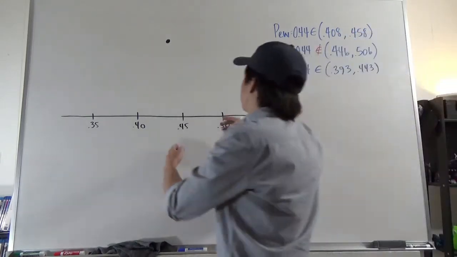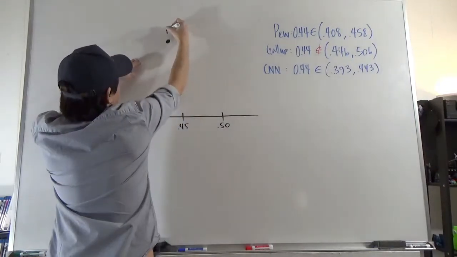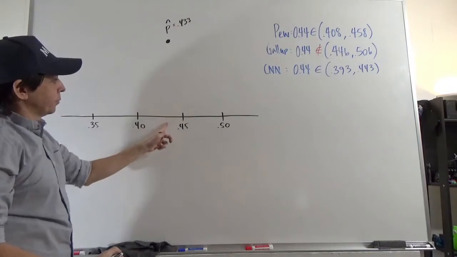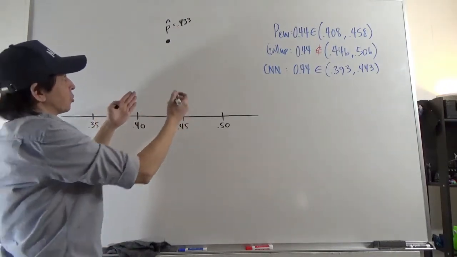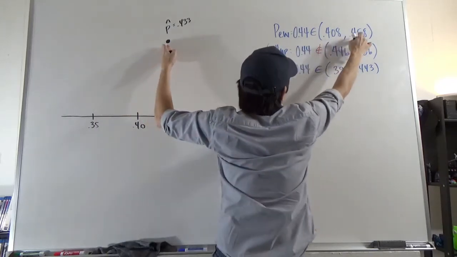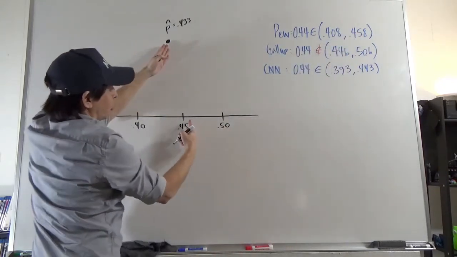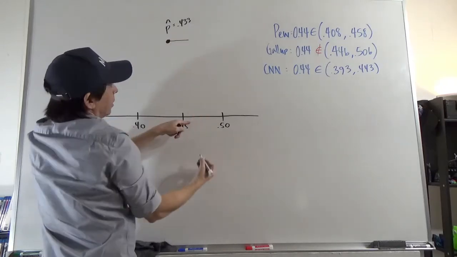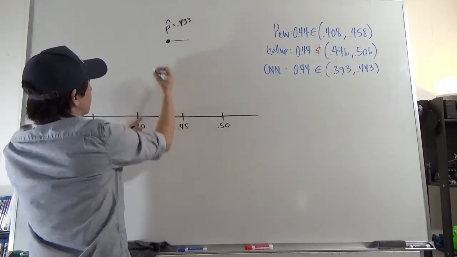So what they do is they imagine adding, this is their p hat, 0.433, about there. And then we add and subtract the margin of error, which is 2.5%, which gave us that boundary and that boundary. So it goes out to 0.458, I want to say about there. And to 0.408, which I'm going to say is about there.